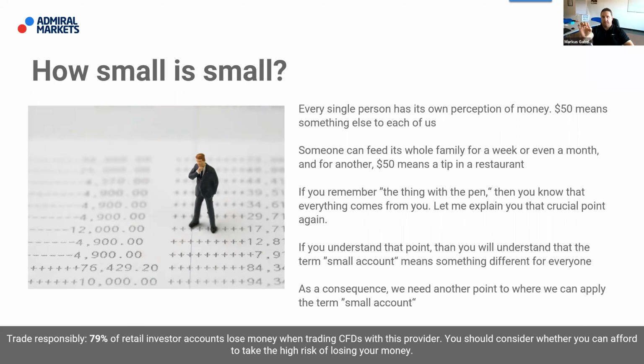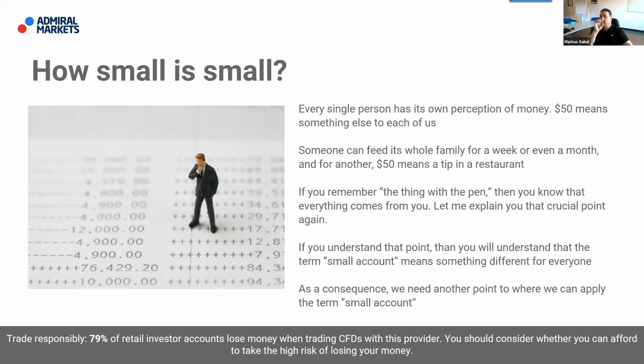You are the only one. Let's compare it with our charts. This is the way trading works, right? We always have a look at the chart, 10 different people looking at the same chart, and 10 people see different things because everything comes from you. Think about it.